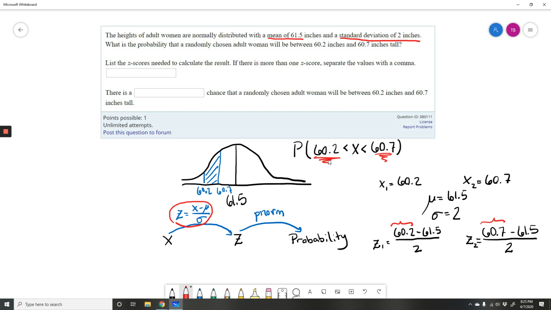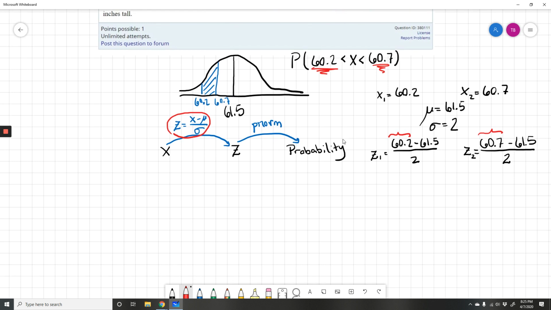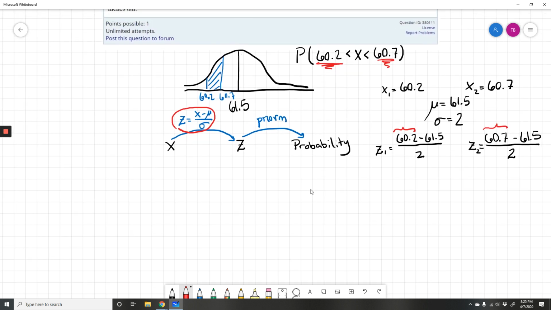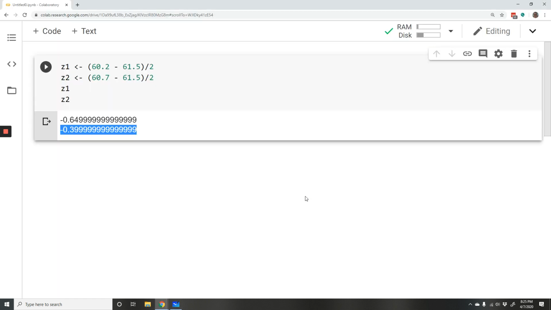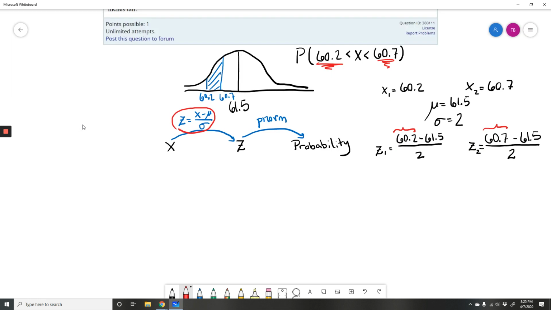Now remember, when I'm calculating an in-between value, I have to calculate the probability left of the bigger value minus the probability left of the smaller value. So in this case, let me get our z-scores here. So what do we have? 0.6499.